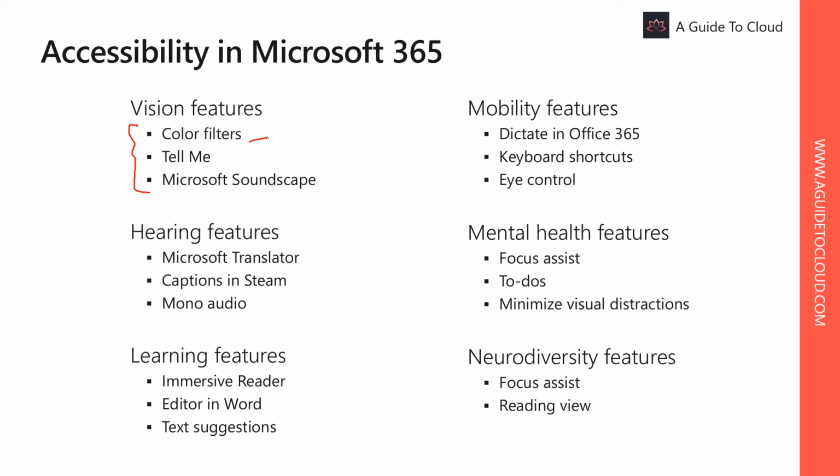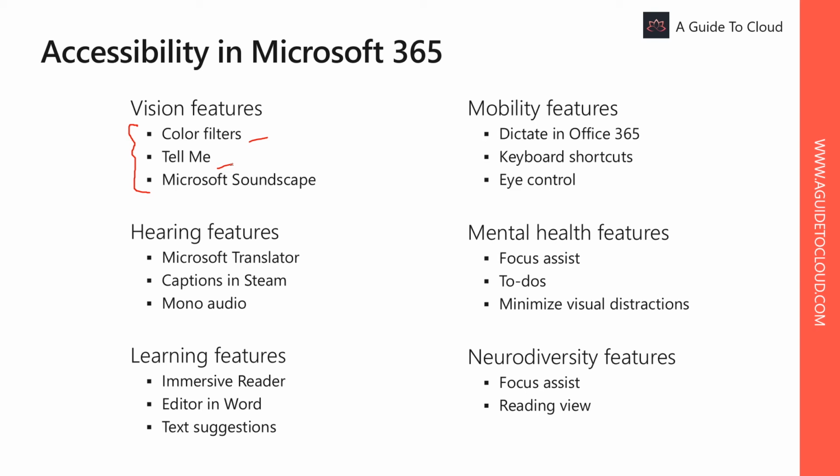With color filters, you can customize your screen's color palette. With Tell Me, quickly access commands in several Office 365 applications without navigating the command buttons. You can use Tell Me to assist with formatting, discover hard-to-find capabilities, and even get scoped help in Office 365 using everyday language.